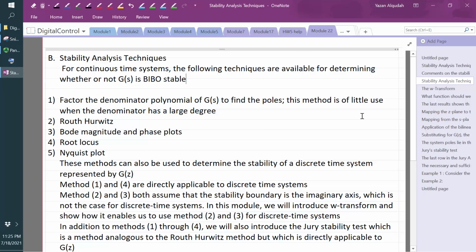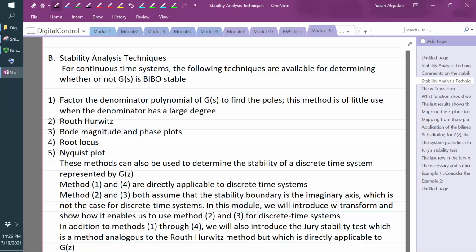Now, for continuous time systems, we have different techniques for determining bounded input, bounded output stability. We can factor the denominator and find the pole locations and make sure they are in the left half plane. However, in many cases, if the order of the denominator is more than third degree, it will be hard to find the pole locations.